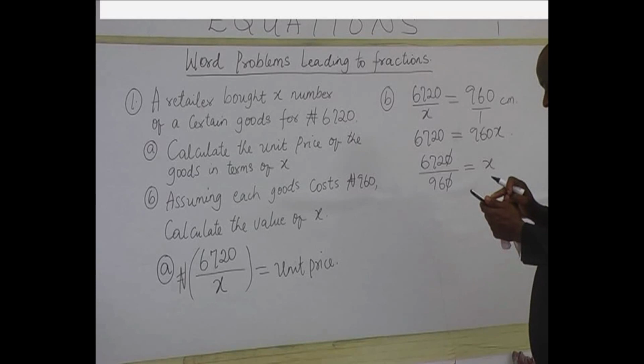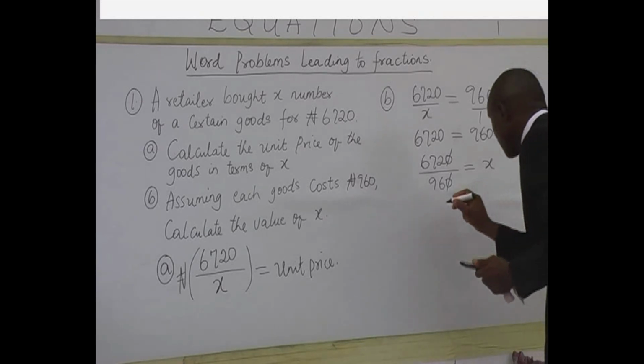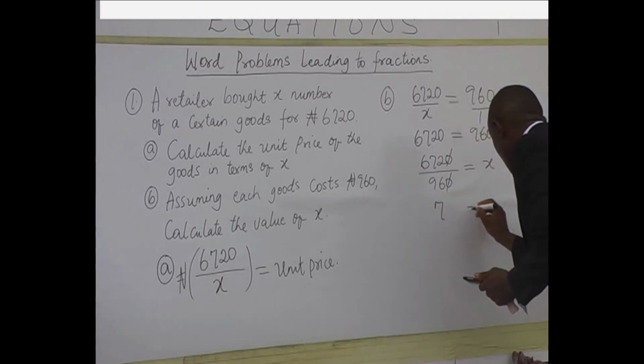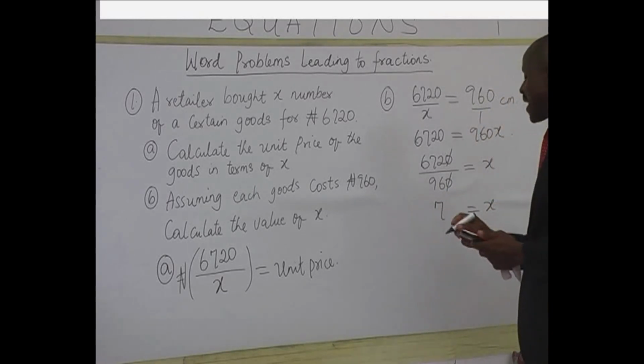Use your calculator. 672 divided by 96 is equal to 7. So 7 becomes the value of X.